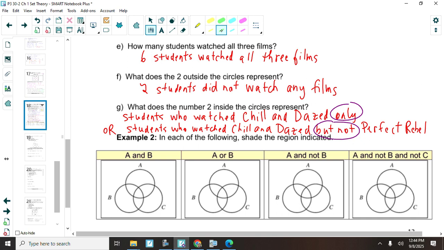A and B is still your intersection between A and B. So it's all of this.